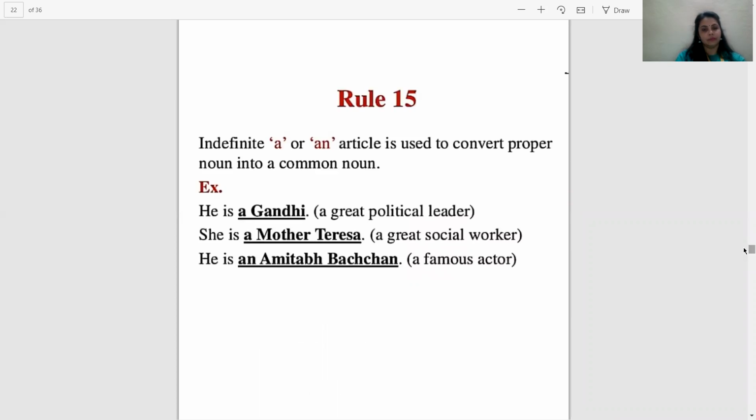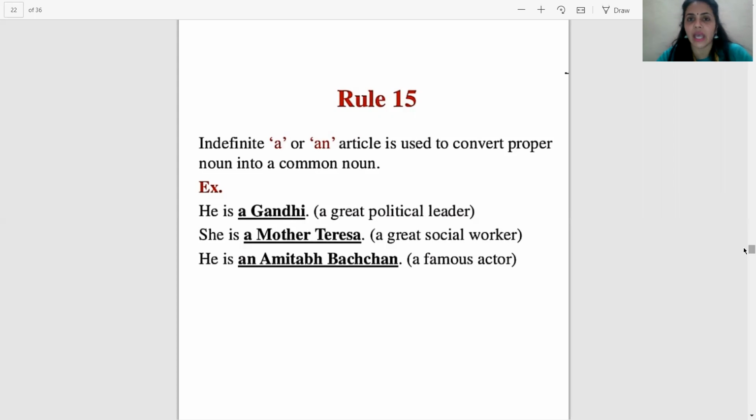Rule 15. An indefinite article, a or an, is used to convert a proper noun into a common noun. Now, what is a proper noun? How can a proper noun be converted into a common noun? It is not possible. I mean, a sentence could be converted from one form to another, verbs can be converted. How can a proper noun?